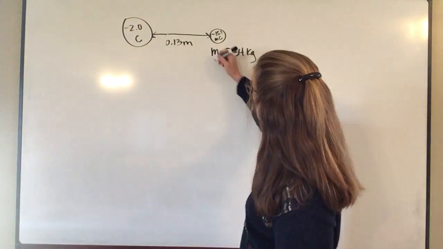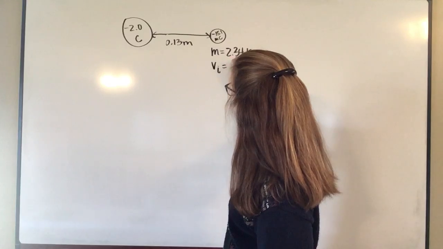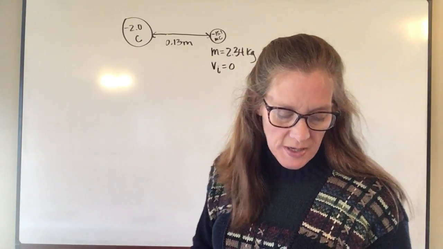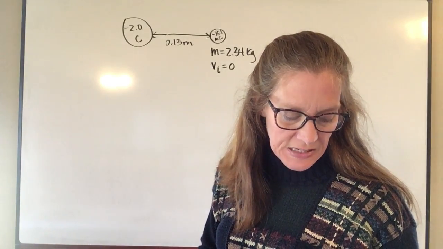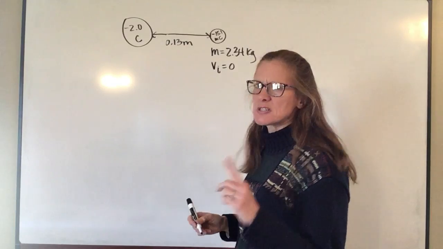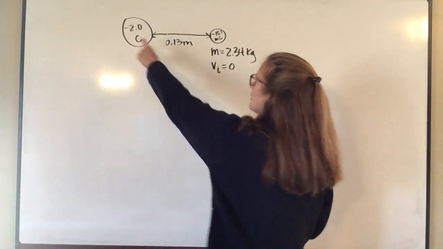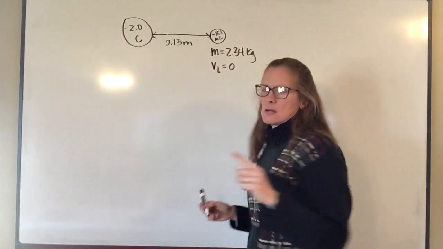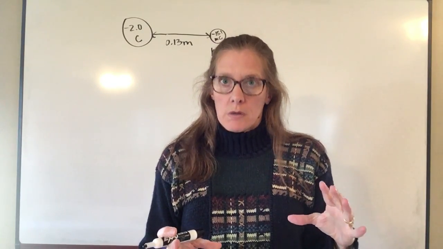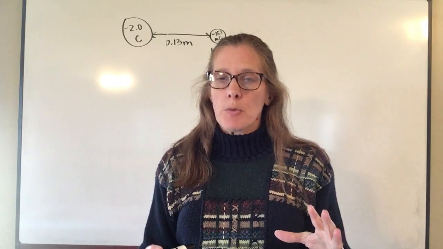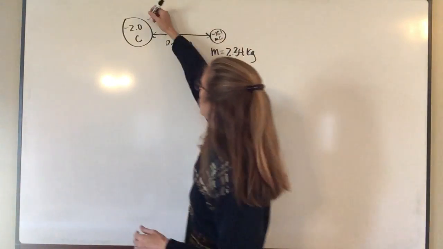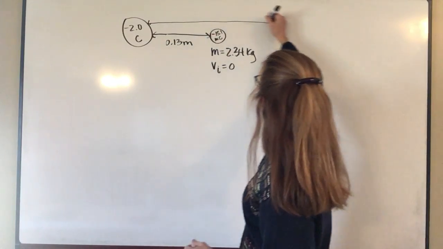If it starts at rest, that means its initial velocity is 0, right? At what speed will it be moving when it is 95 centimeters away from the fixed charge? So let's stop and think here for a second. This is negative, this is negative. What direction does it naturally move? Well, like charges repel each other, so it's naturally going to move away, and that is exactly what's happening.